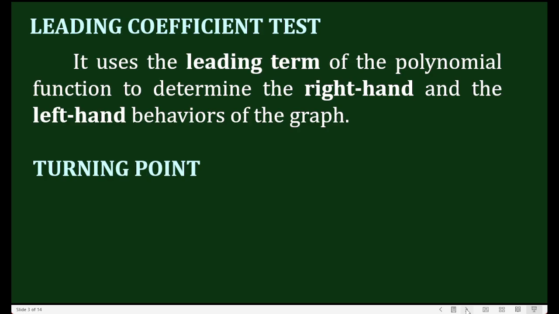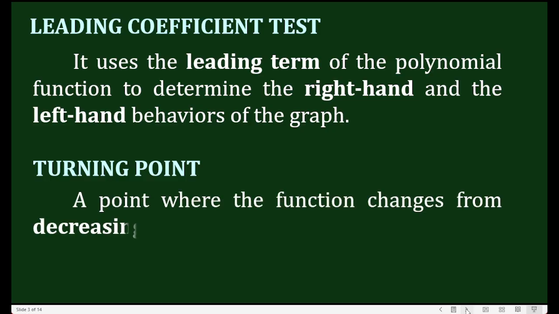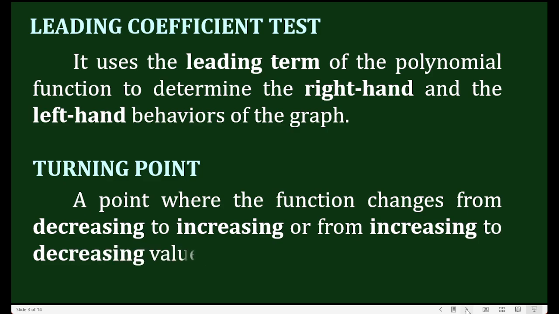Another thing to consider when we trace the graph of such function is the turning point. It is a point where the function changes from decreasing to increasing or from increasing to decreasing values. Now, if you recall the quadratic function, particularly its graph, we have a turning point on that graph, and that is what we call the vertex, the maximum or the minimum point of such graph.